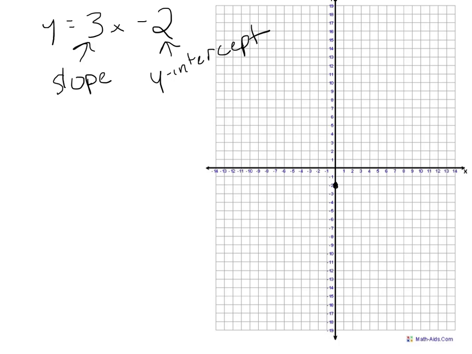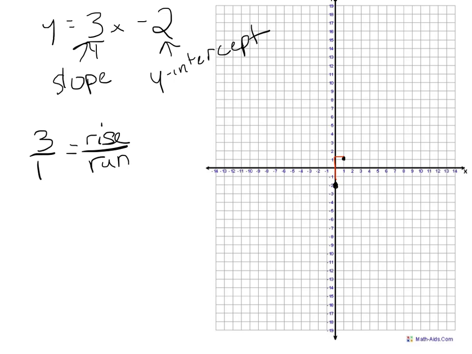Now, our slope, 3. We always want to change it into a fraction. So this fraction is going to be 3 over 1. If it's not in a fraction, always put it over 1. 3 over 1 tells us that this is our rise over run, meaning we go up 3 and over 1, to find our next point, which is right here.